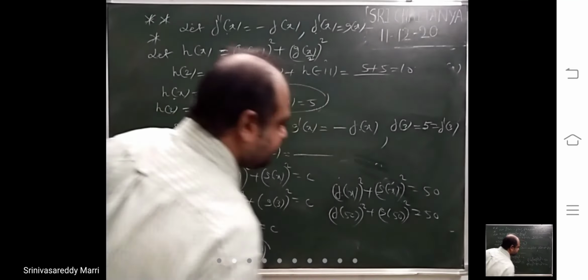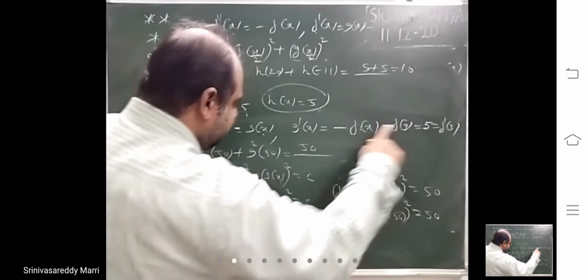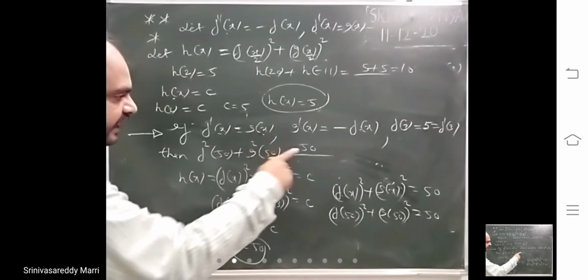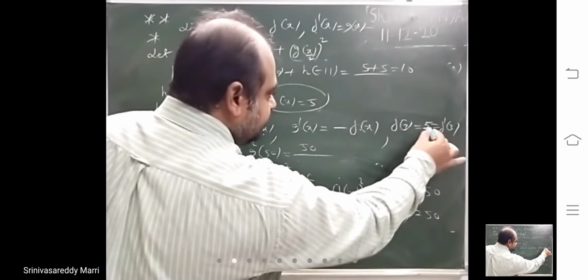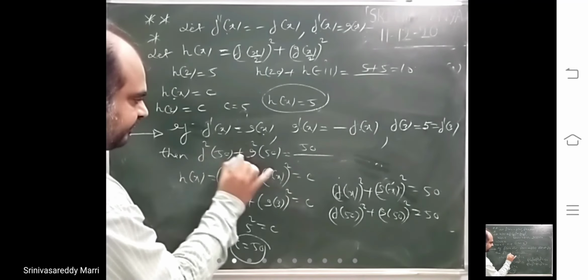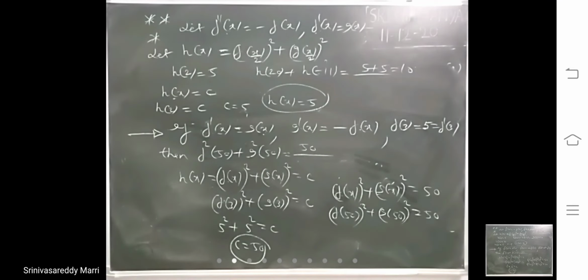Just simple. This 5 is given, so 5 square plus 5 square is 50. That's all.